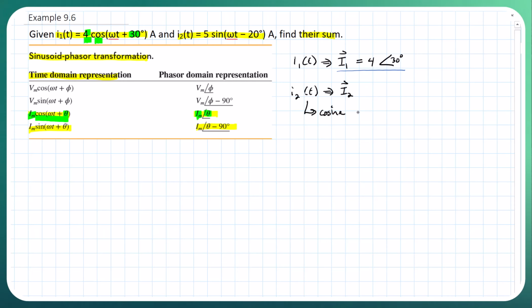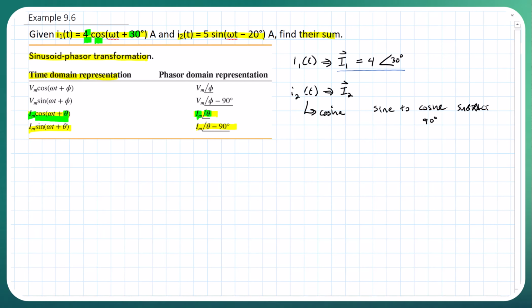To go from sine to cosine, we just need to subtract 90 degrees.